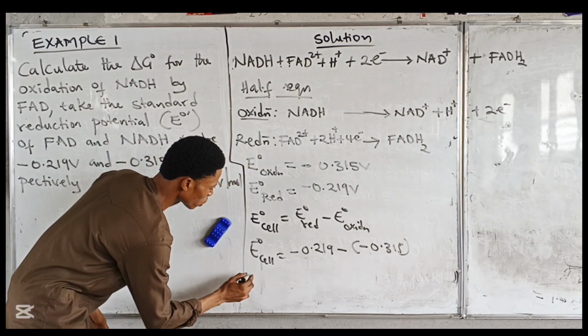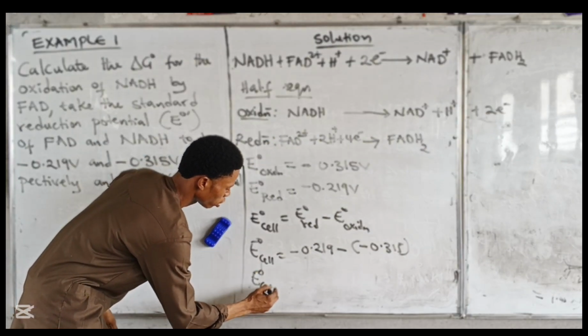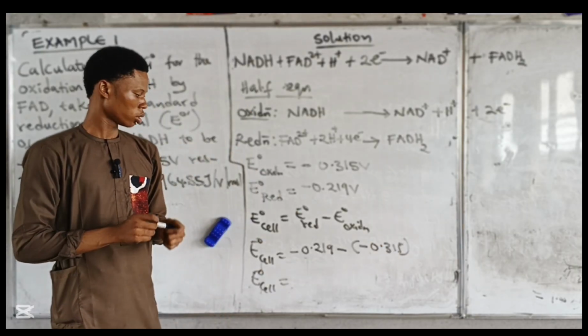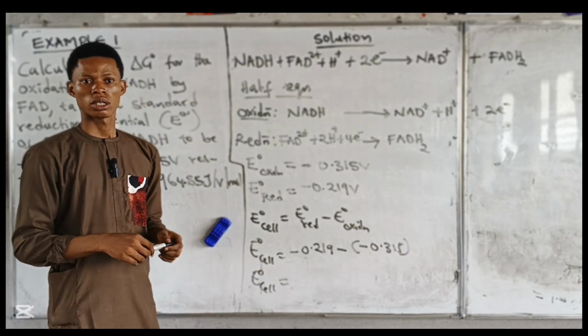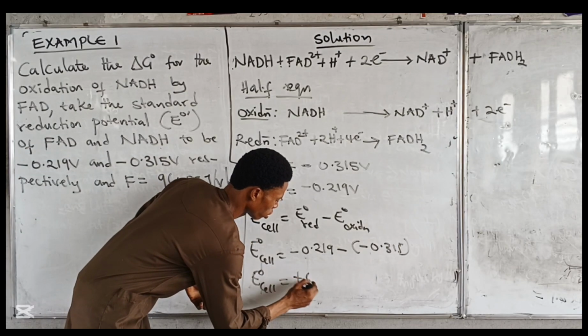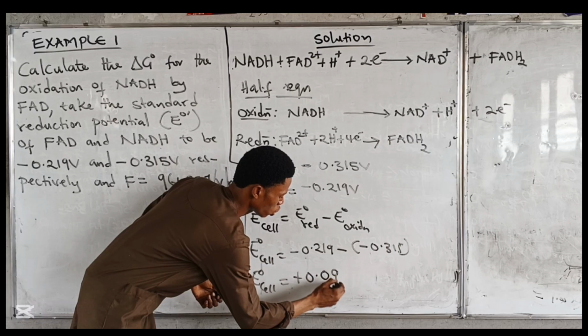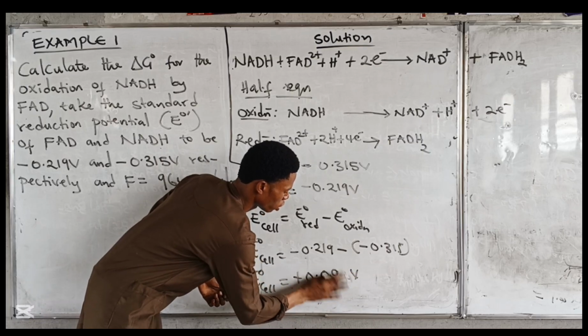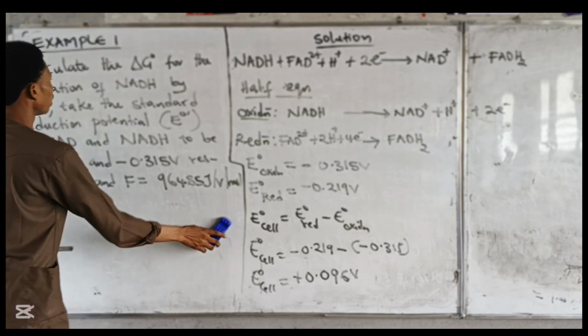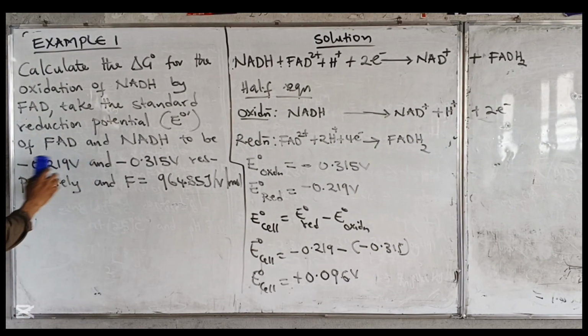So this means that E0 cell is equal to this minus this. Plus 0.096 volts. Alright. Now we've gotten E0 cell.